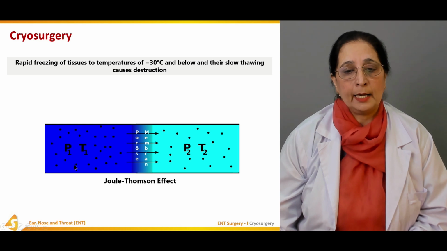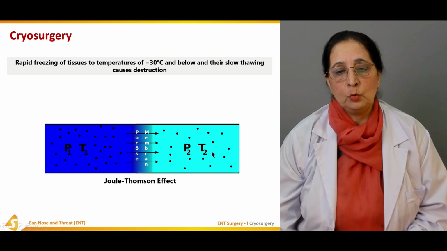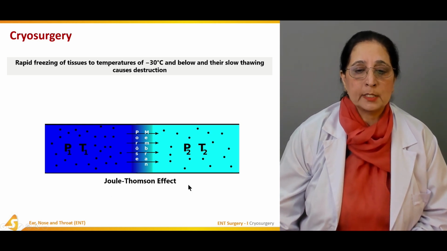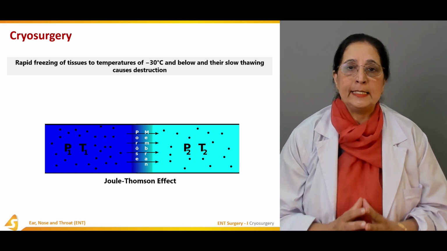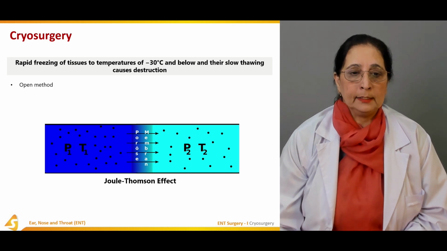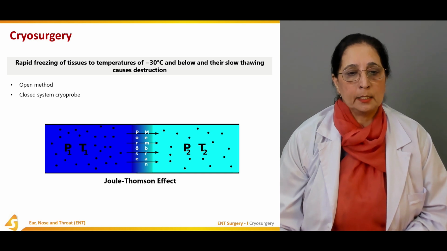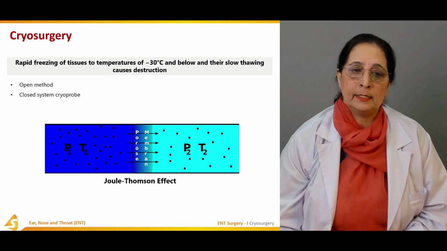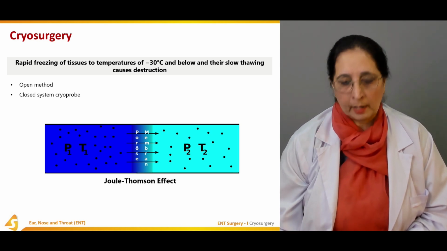The pressure and temperature are changed to P2 and T2, and this is known as the Joule-Thomson effect. So extreme freezing temperature is used. We have an open method, and we have a closed system cryoprobe method. So it can be the open method of cryosurgery or the closed method of cryosurgery.